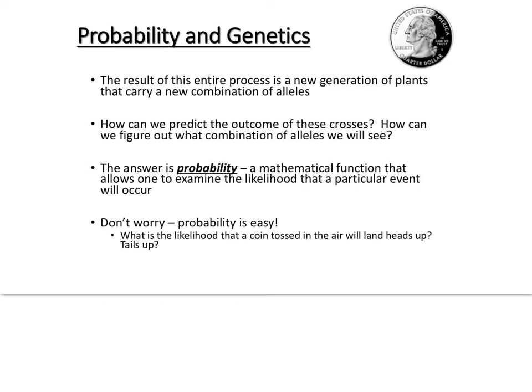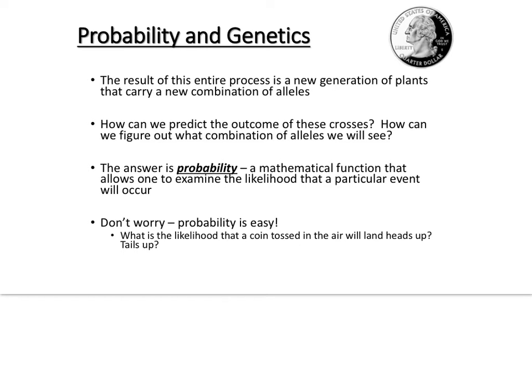Probability uses math to try to tell us how likely it is that a particular event will happen. And usually what we're talking about here is how likely it is that an event will happen compared to another event. Now, even if you're not a math person, don't freak out here, because probability and the way we use it is going to be very simple. And the reason it's going to be very simple is because we really just have 2 possible outcomes, right?